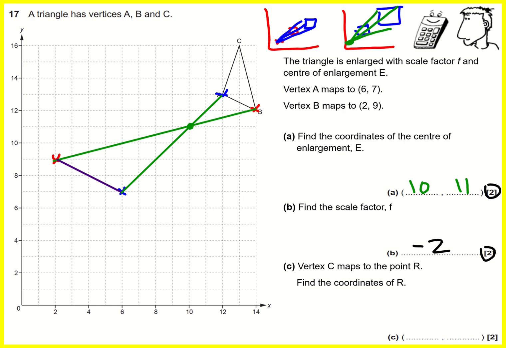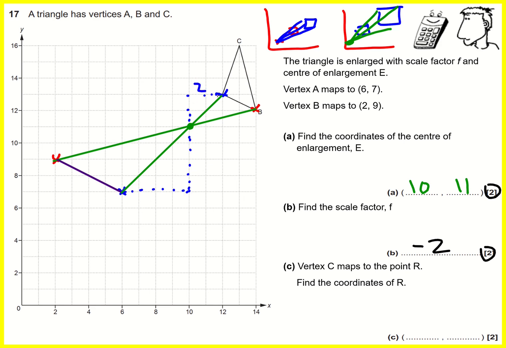Okay, so I can see what's going to happen. If I go from the blue point, I go along 2 and down 2. Then if I multiply that by 2, I carry on going through the center of enlargement, and I'll go down 4 and along 4, and that will get me there.